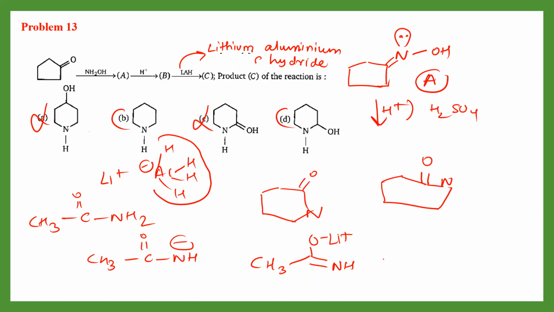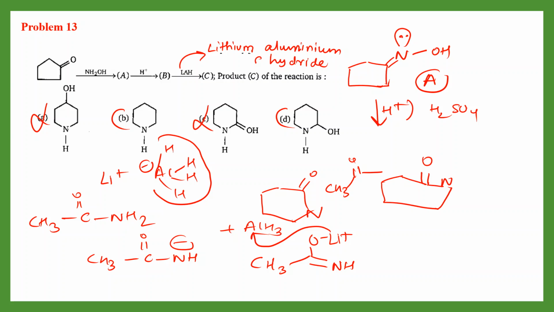Students, still clear here? And you know that now you are having AlH3 also in the medium. We have another molecule of amide also, so that will form AlH3 also. So here O negative will again attack here.